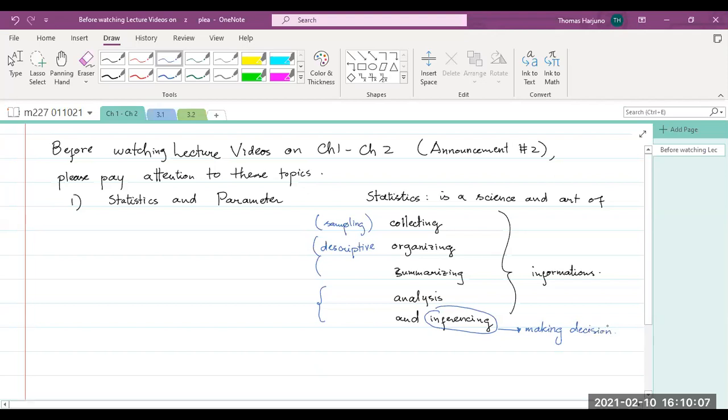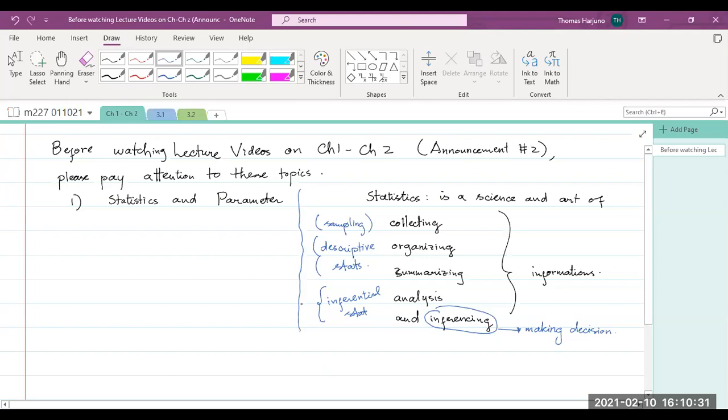That's inferential statistic. Okay, that's statistic as a course, as a field of study.